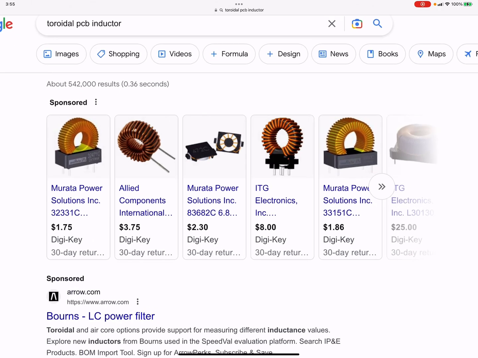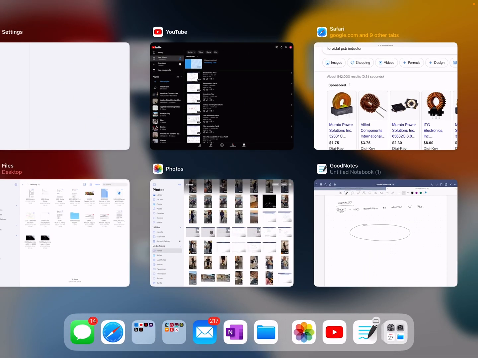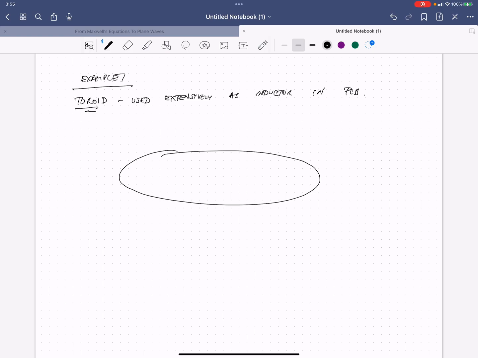You guys probably can no longer see my pointer, but you can see there's a sort of ring, and then there's a wire around it. So again, back to our drawing, we have a ring, and then let's say we've got an inductor around it, and I'm going to try to draw this in the form of a wire. It looks like that.